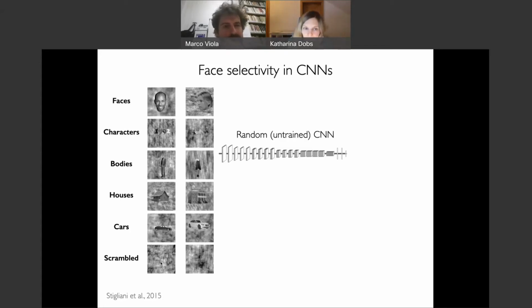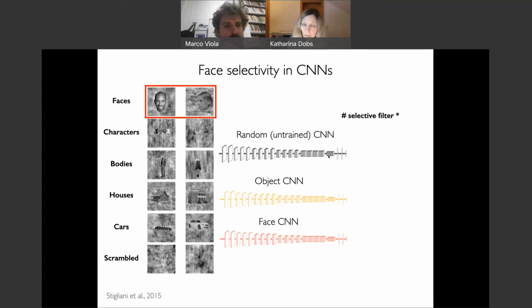And so we showed these images to the random CNN, the object CNN, and the face CNN, and then basically measured in the last convolutional layer of these networks, are there any filters that respond more to faces than to anything else? Okay, and then we count them, how many selective filters we would find in these networks.